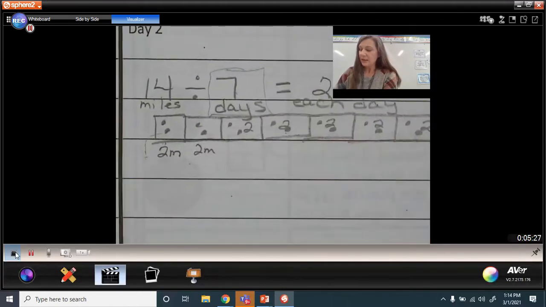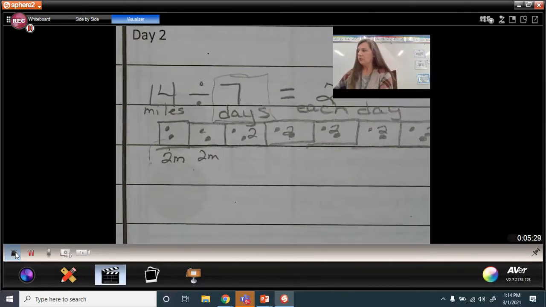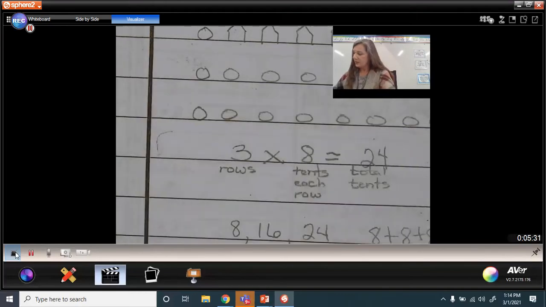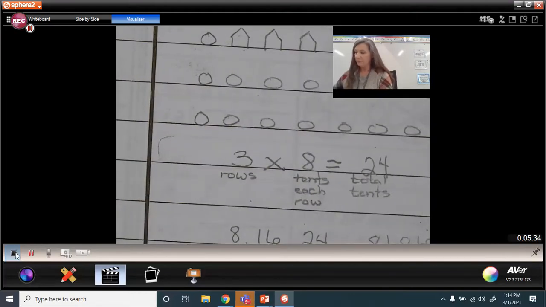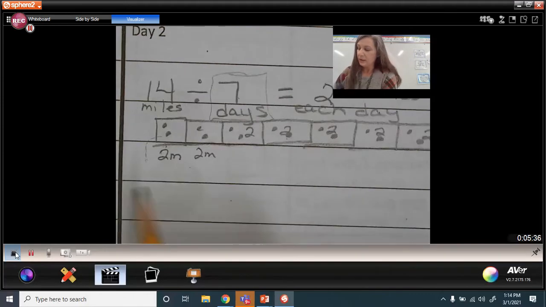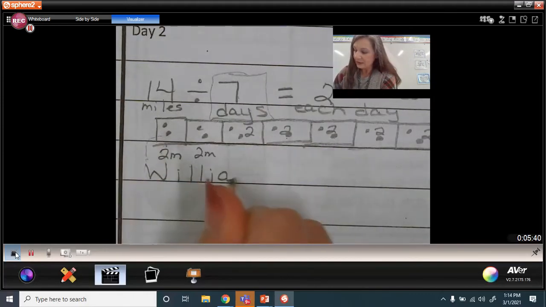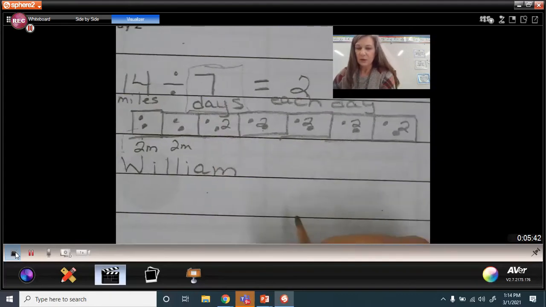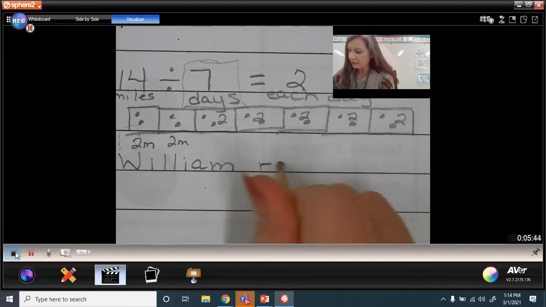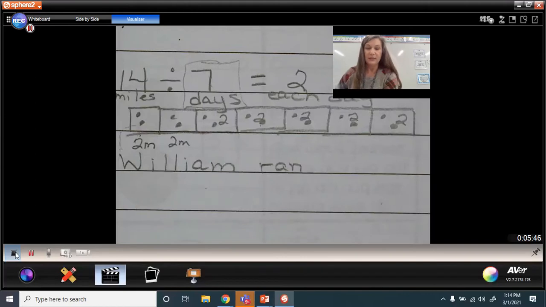So we could say, I forgot who our person was. We said that this person is William. So we could say William, and everybody's going to write this as part of their response. William ran, and this is a past tense verb. It's an irregular verb because we don't say runned.